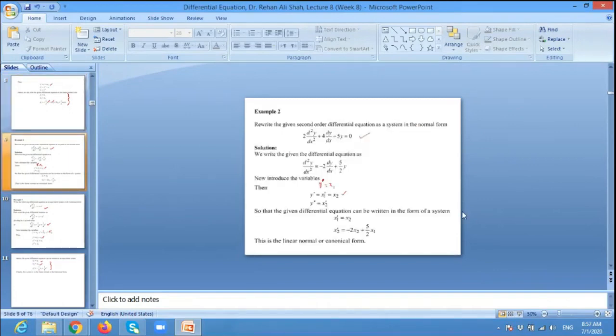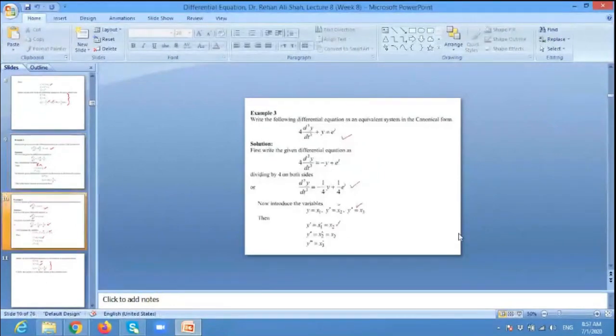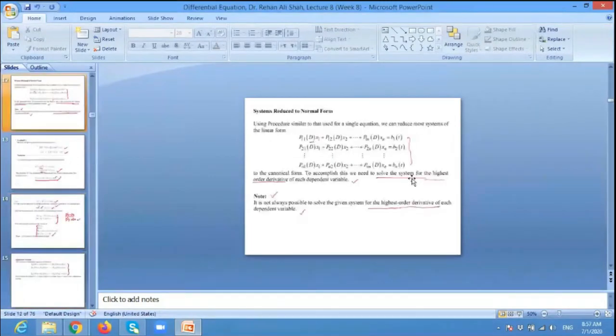Rewrite the second order differential equation as a system in the normal form. This is 2y double dash. So let's take y is equal to x1, y dash is equal to x1 dash will become x2, y double dash will become x2 dash. So if you put the values, you will get a system of equation. So this is, I think, a simple one. This is again example 3. So ये कुछ examples हैं.